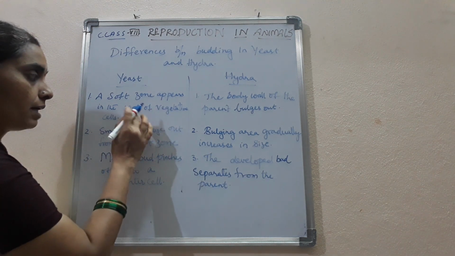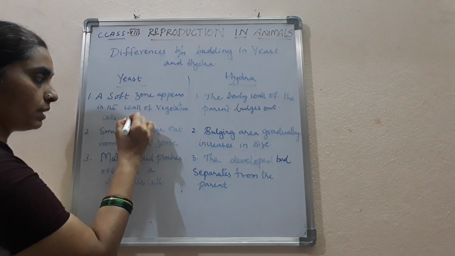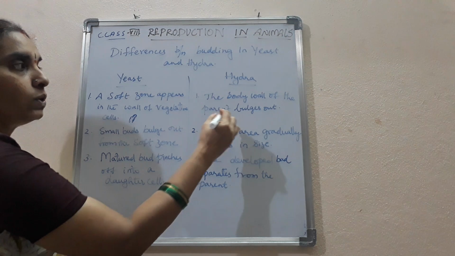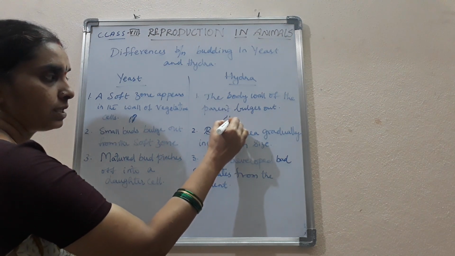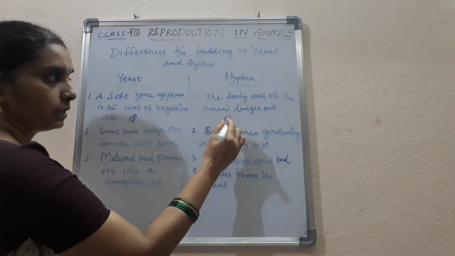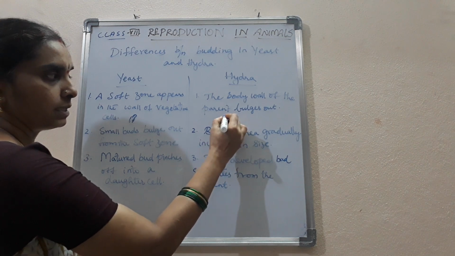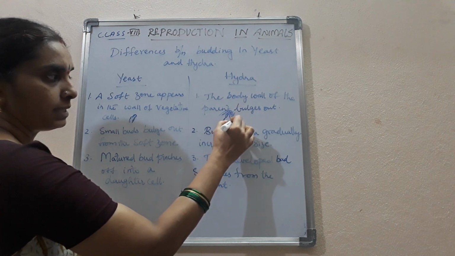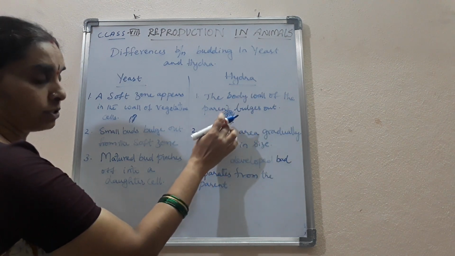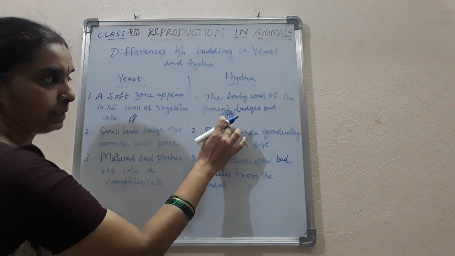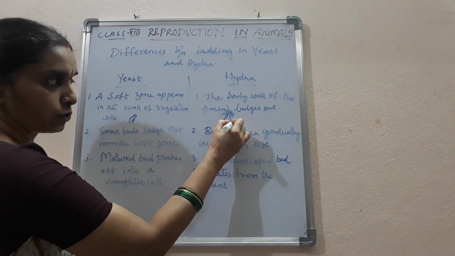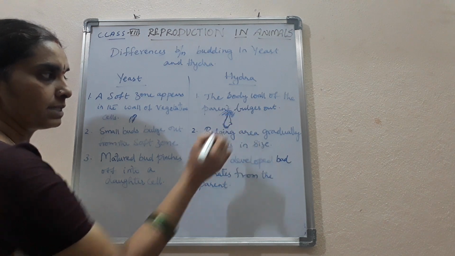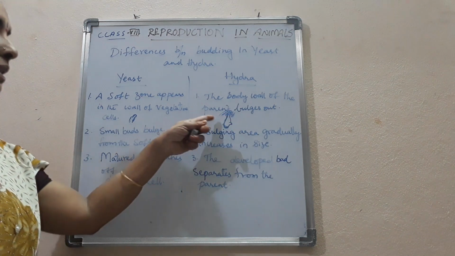In hydra, the body cell develops from the body wall of the parent and bulges out. A small portion bulges out from the body wall of the parent itself. Okay, children. So this is in the case of hydra.